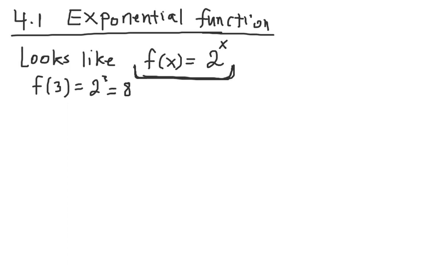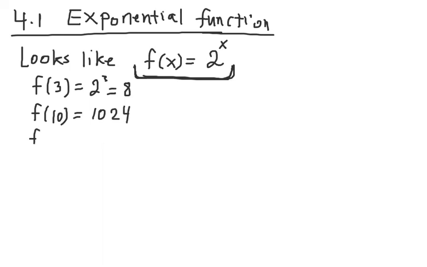For a small number, they give me a big number. Now for f of, for example, 10, a small number gives me a big number, 1024.